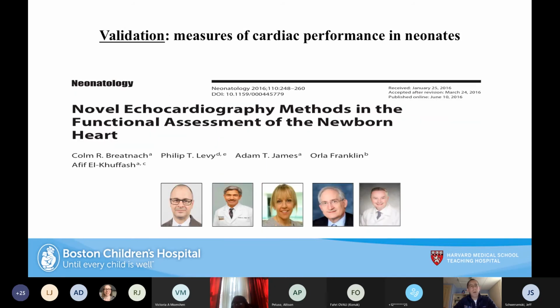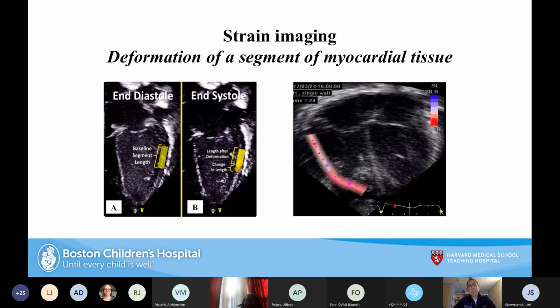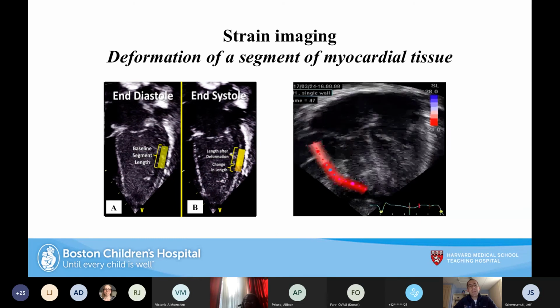Much of this has been summarized over the last 7 to 8 years. A really good reference is an article written by Colm Breatnach and Afif, looking at these novel methods to assess cardiac function.